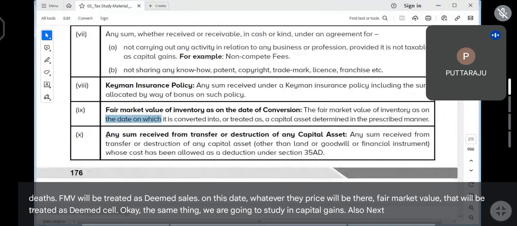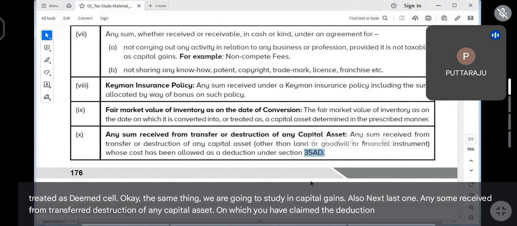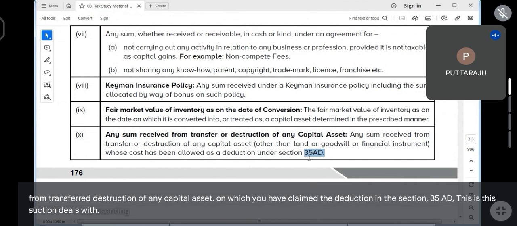Next, last one. Any sum received from transfer or destruction of any capital asset on which you have claimed the deduction under section 35AD. This section deals with specified business. Which business? Specified business.